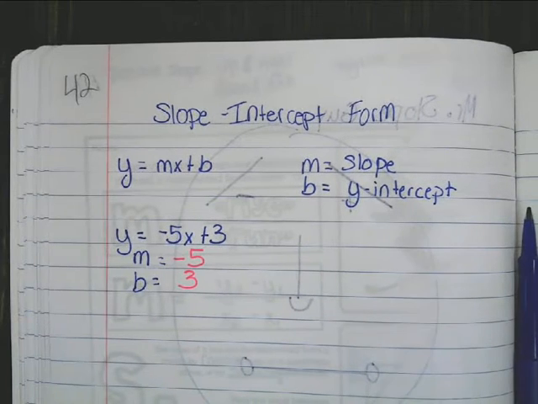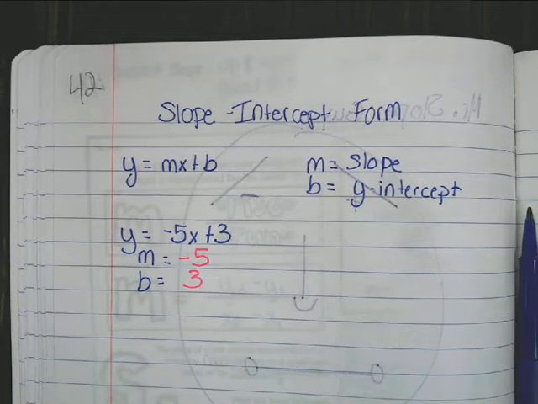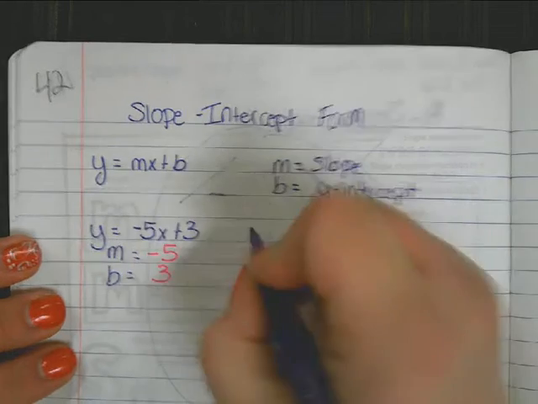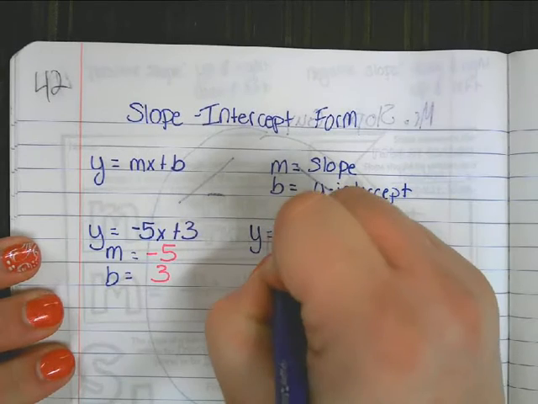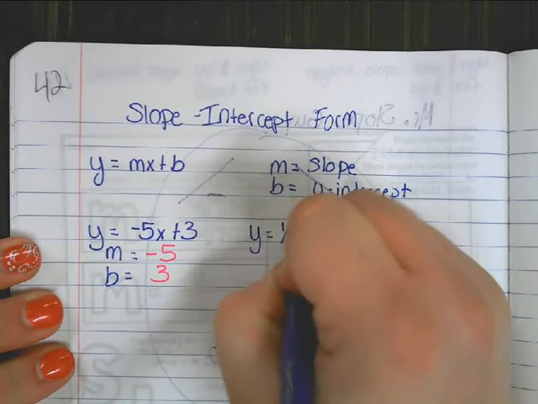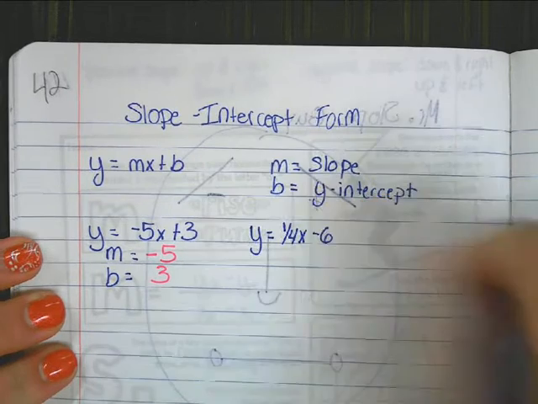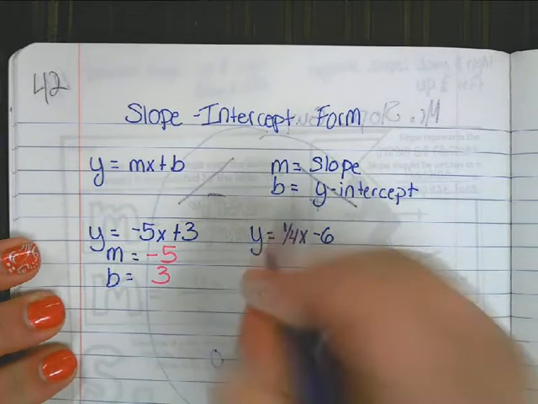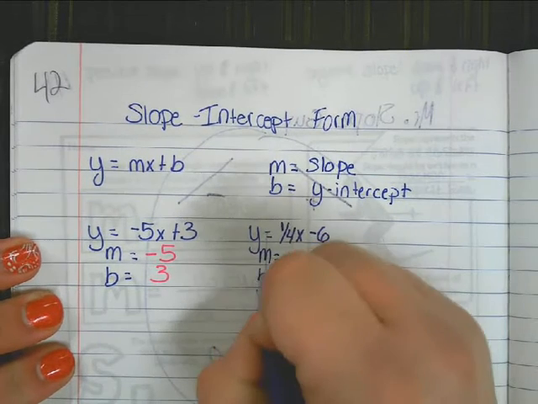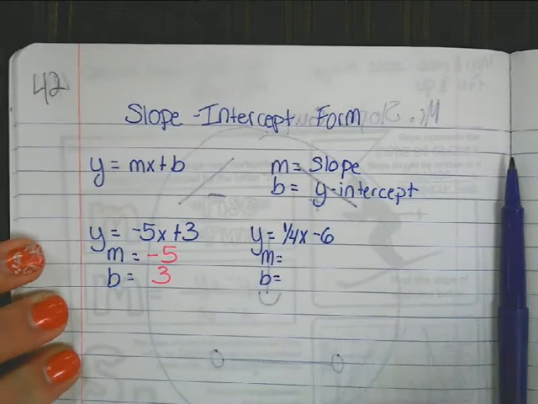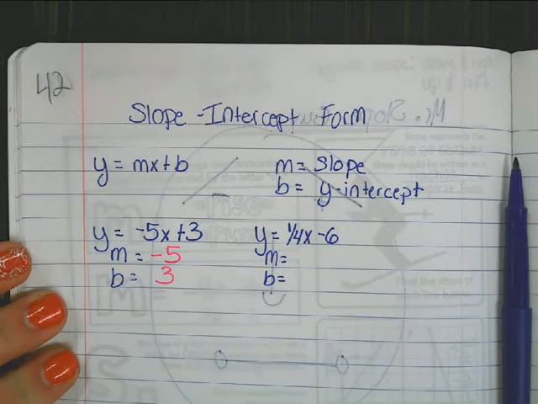Alright, what about y equals 1/4 x minus 6? So m equals, b equals. So what is my m?